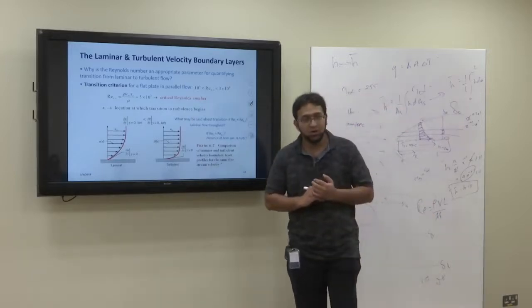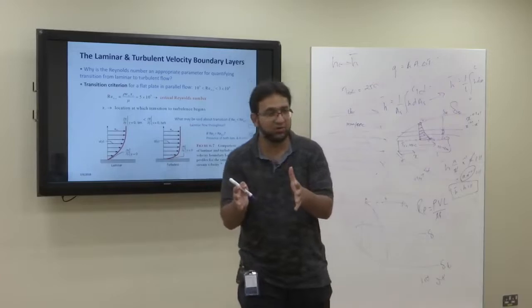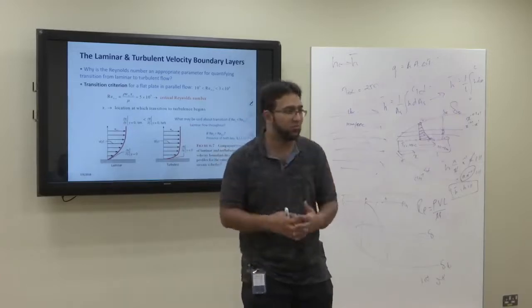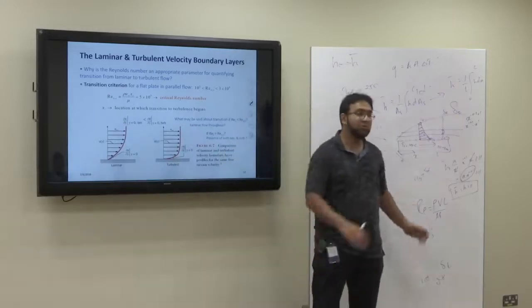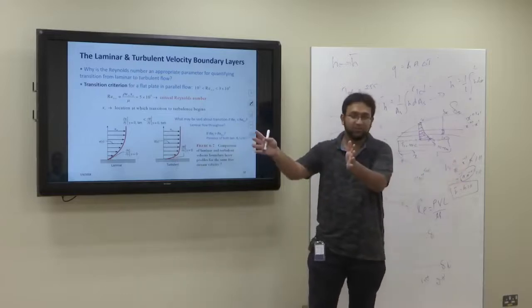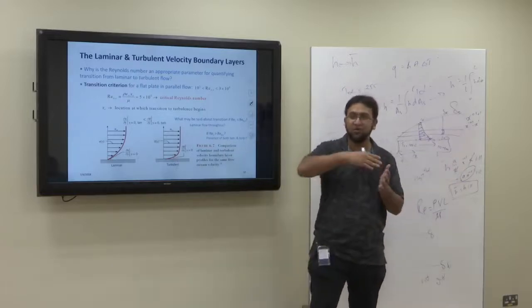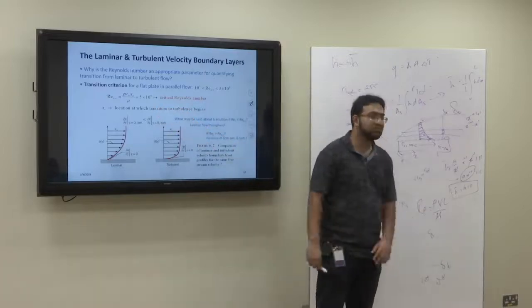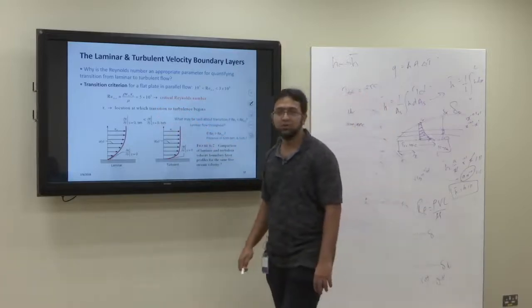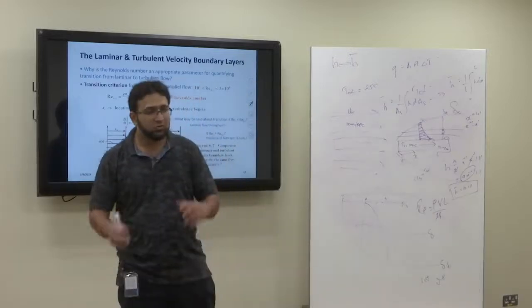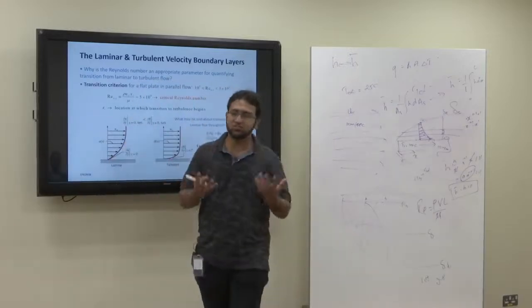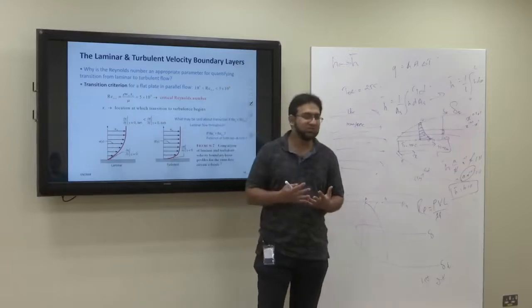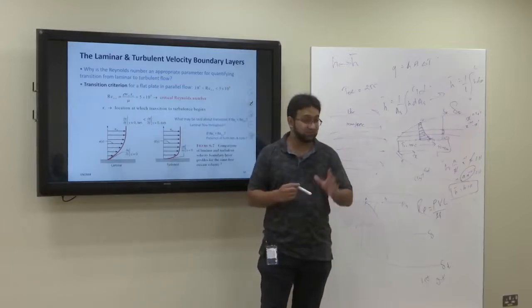You should know how fast is the fluid, what is the velocity of the fluid. You should know how long the fluid has been in travel. Length is how long the fluid has been in travel, and you should know what's the viscosity of the fluid. Do you understand physically all these terms? What is the difference between density and viscosity physically?